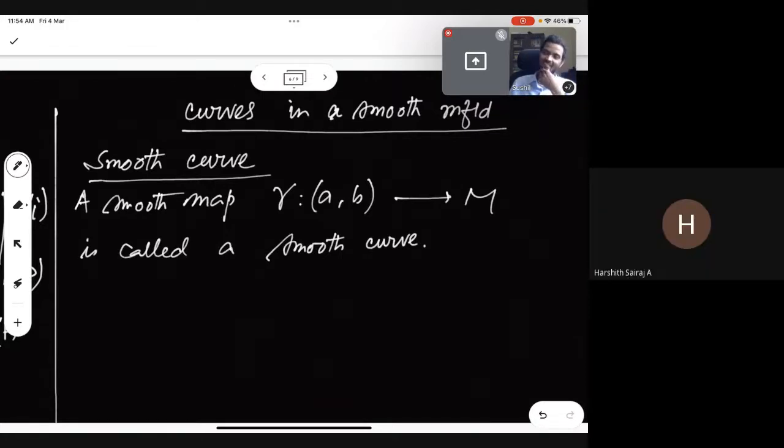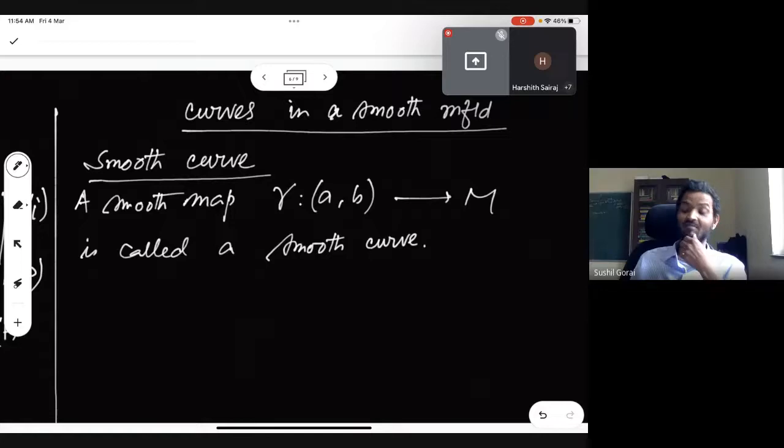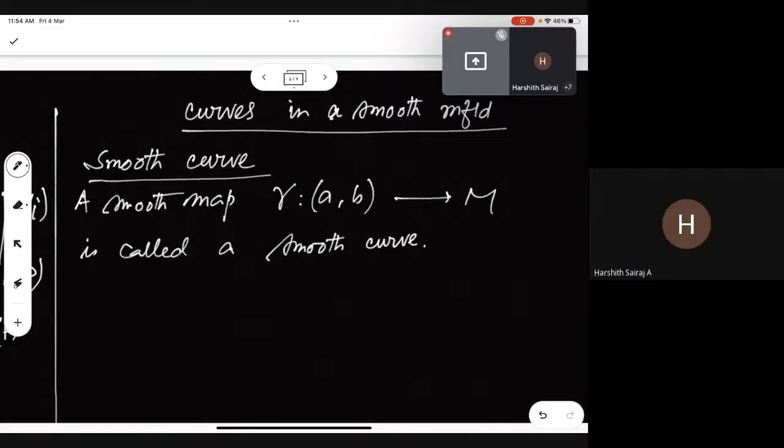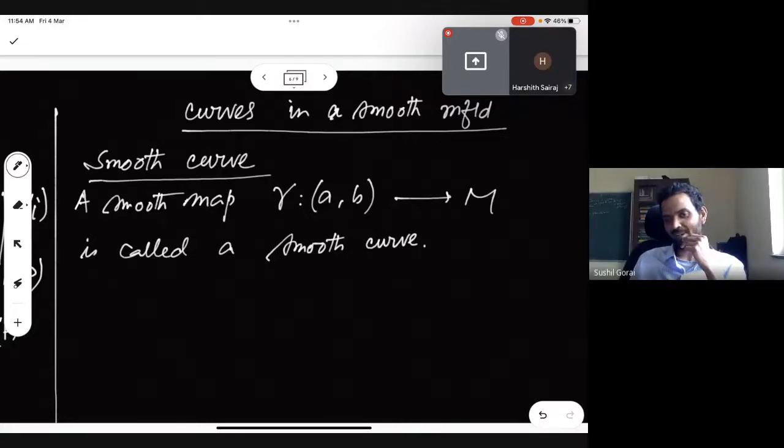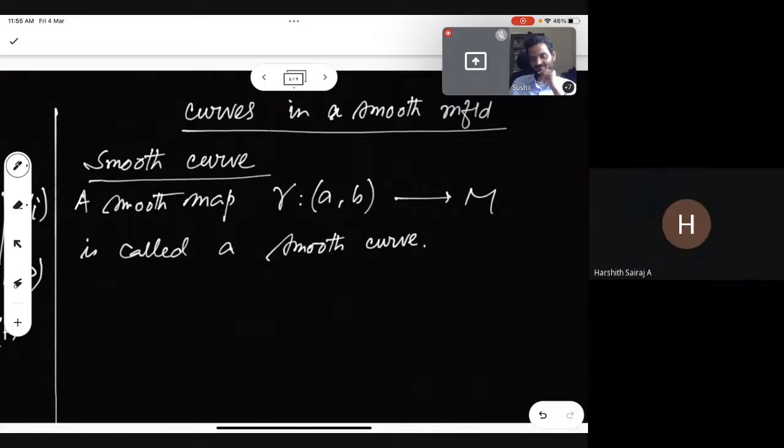Sir, we need to fix a point, and at that point we should look at all the derivations. How many linearly independent derivations will be there? Sir, because it's AB, it should be only one, right?